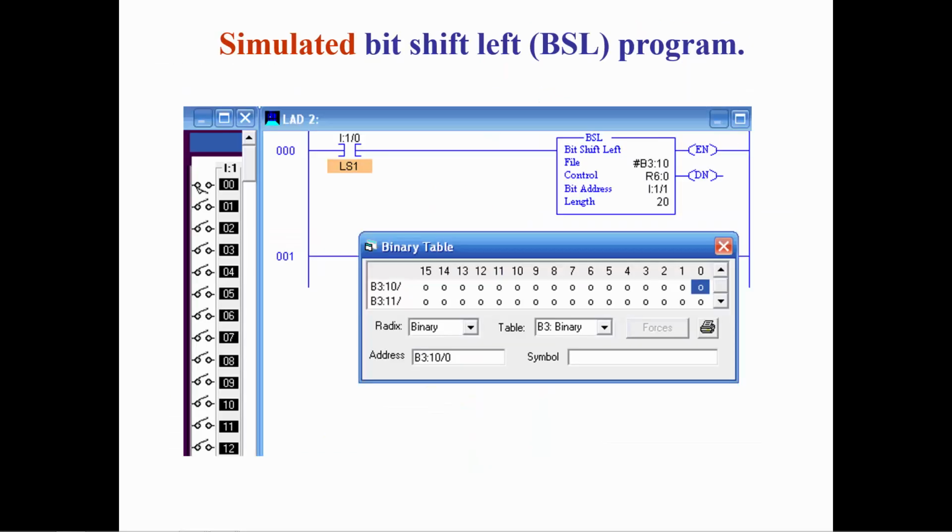In the simulation, whenever switch LS1 is closed, the status of the switch at I:1/1 is shifted into the first position of the bit shift register, B3:10/0. Each time LS1 is closed, the bits shift 1 position to the left.